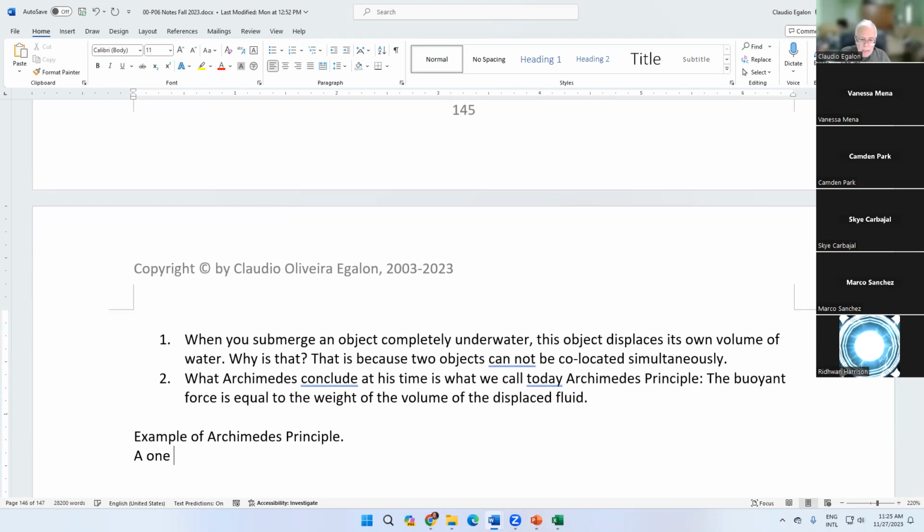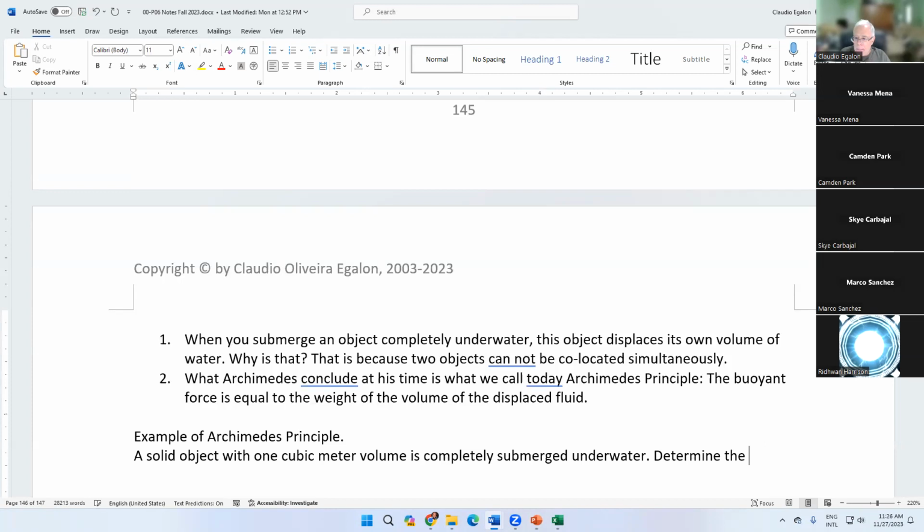A solid object with a 1 cubic meter volume is completely submerged under water.